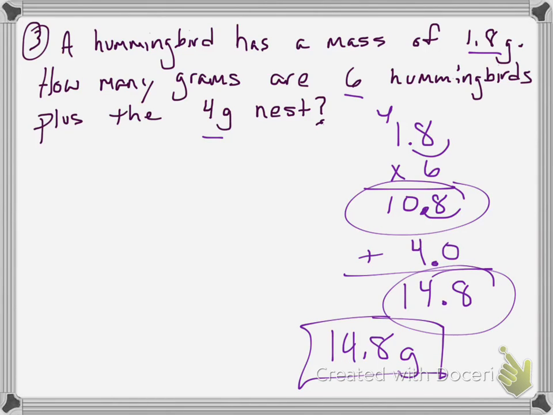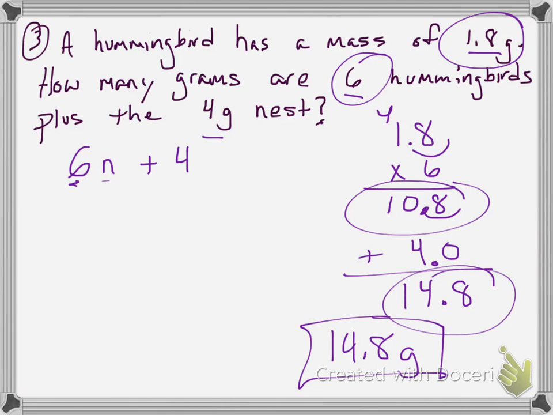I will say when I looked at this, it reminded me a little bit of the algebraic expressions we were doing before we left the school. So I kind of saw this as 6n plus 4. So my 6 for 6 hummingbirds. My n is kind of like the mass of them, here it is, 1 8/10 grams, plus another 4 for the nest.